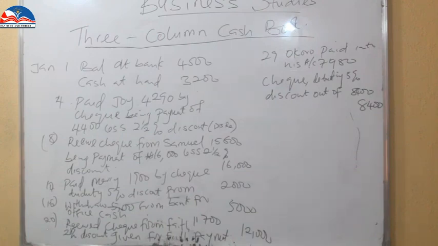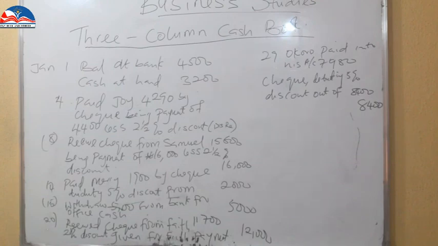How do you calculate this? You are going to take 2.5% divided by 100 times 16,000. You will get 400 naira. Or you say 2.5 divided by 100 times 16,000 over 1. You're going to have 400. That's how to calculate the 2.5% discount.